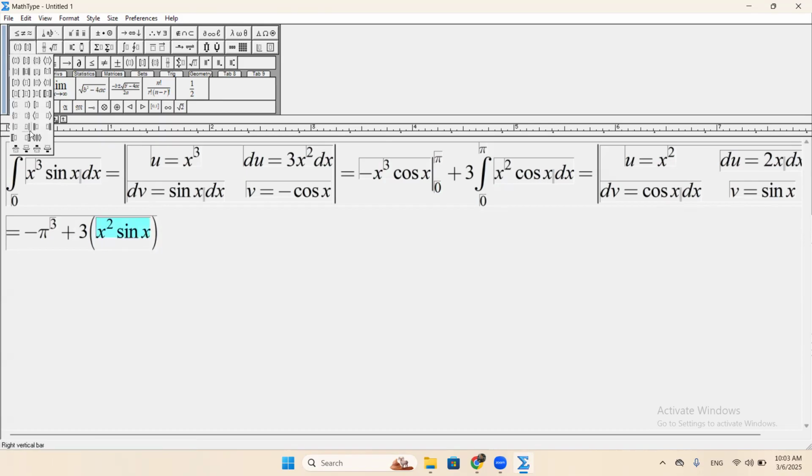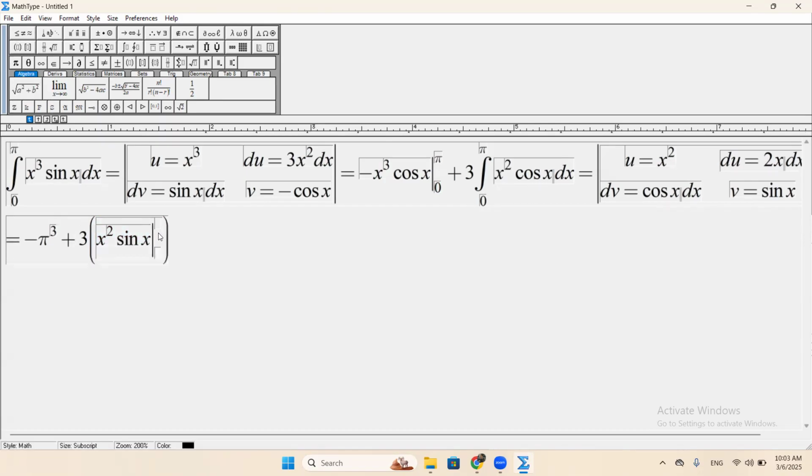And when we substitute here from 0 to p, it will be eliminated. Minus the next integral, from 0 to p, 2 multiplied by x sine x dx.